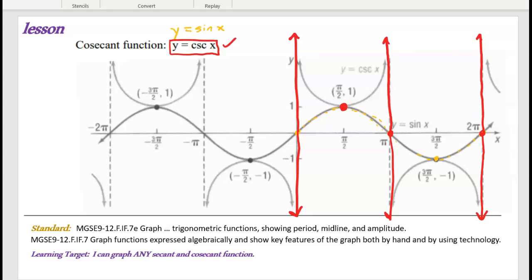Same thing here. When you plug in a number and get out -1, what's the reciprocal of -1? Well, it's -1. So at every hump, every turning point, you're going to have a shared point for sine and cosecant.